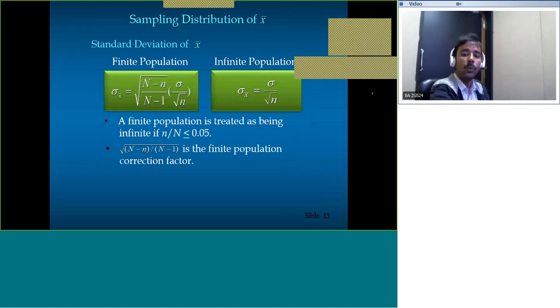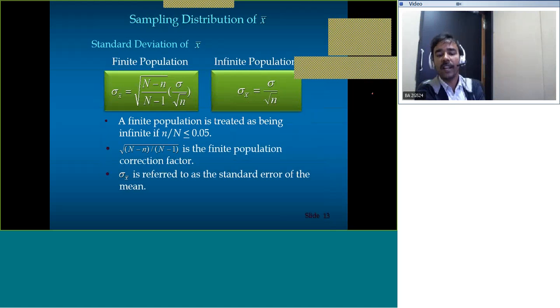Now we want to calculate the variance or standard deviation of the random variable x bar. We have two formulas. For a finite population, the standard deviation of x bar comes out to be the square root of (N minus n) by (N minus 1), into sigma by root n. Whereas for an infinite population it is sigma by root n.